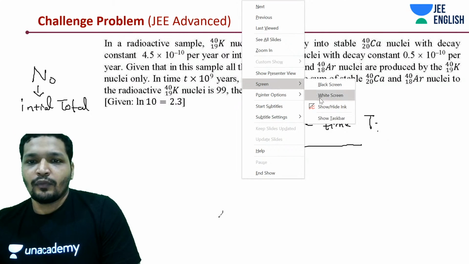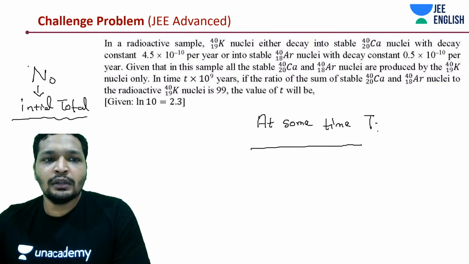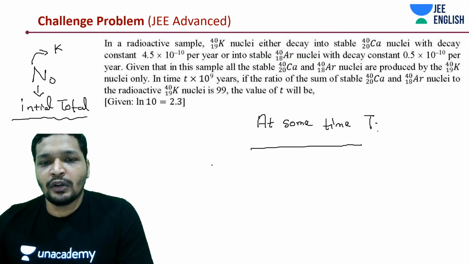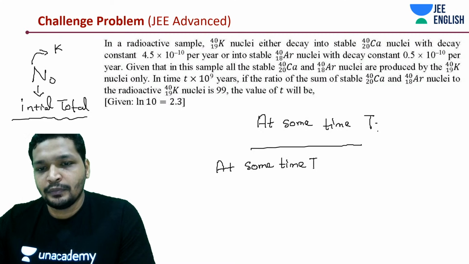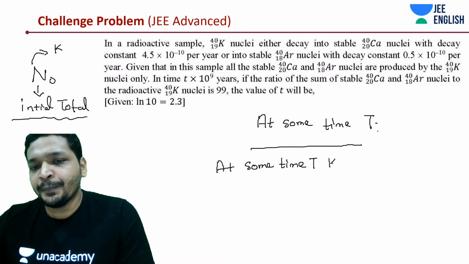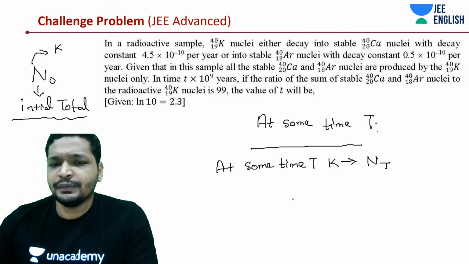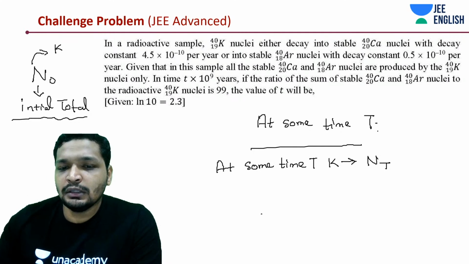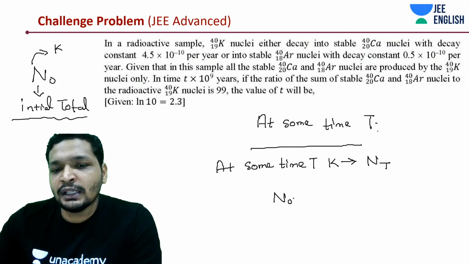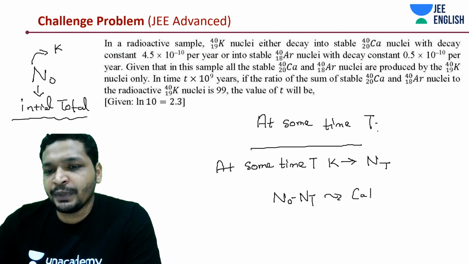Okay, let me tell you. N0 is the initial total of potassium. Now at some time t, the potassium becomes NT. Let's assume it as NT. So what would be the total number of calcium and argon present? That would be N0 minus NT, calcium plus argon.